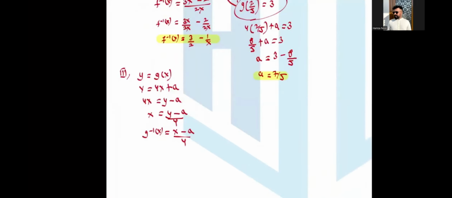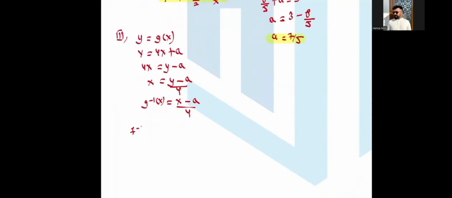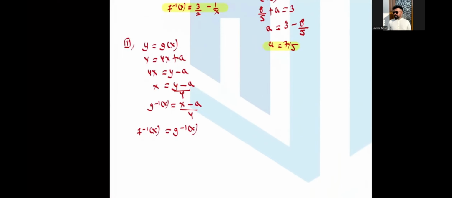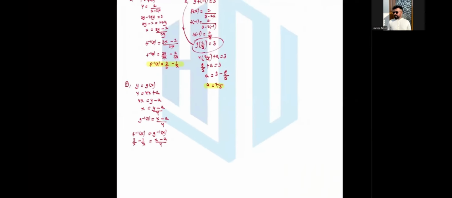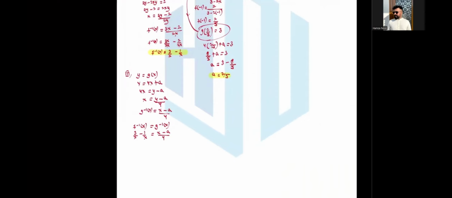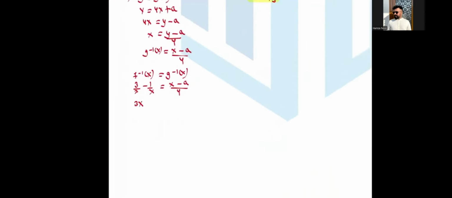So f inverse x is equal to g inverse x. This means that 3 over 2 minus 1 over x is equal to (x minus a) completely divided by 4. So I'm going to express this f inverse x as a single fraction, which I already obtained as well: (3x minus 2) completely divided by 2x.